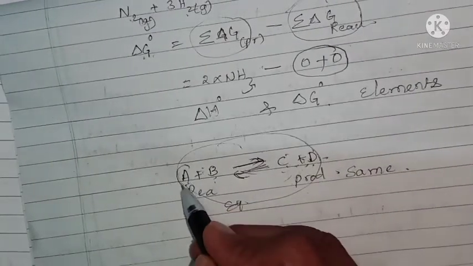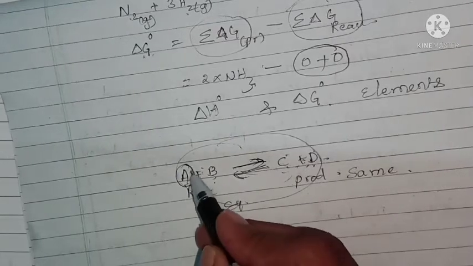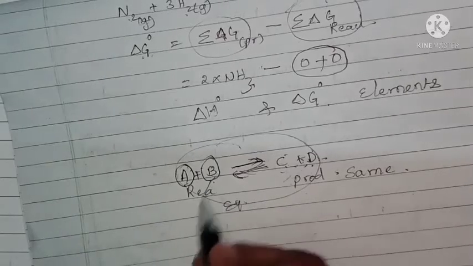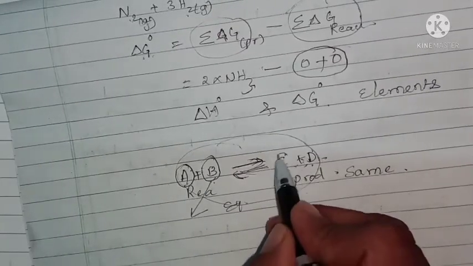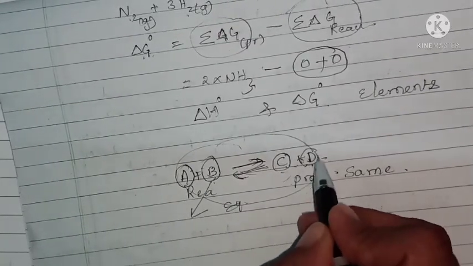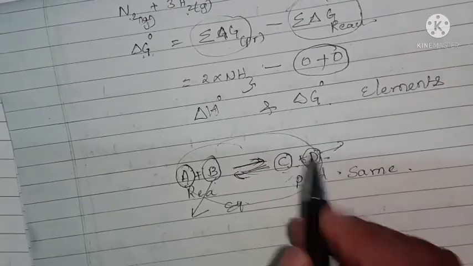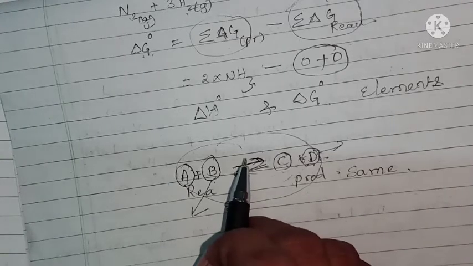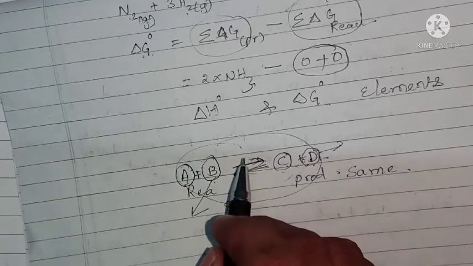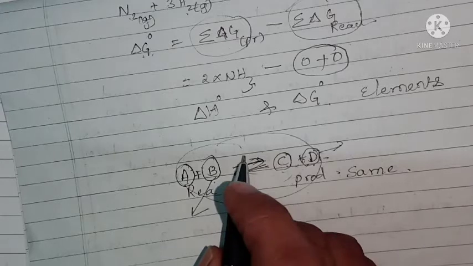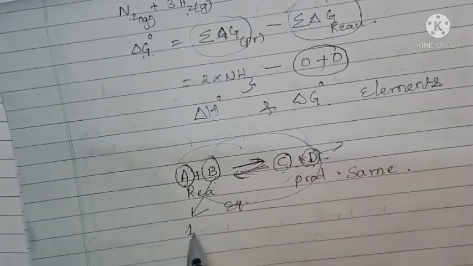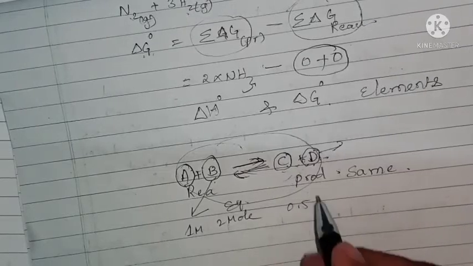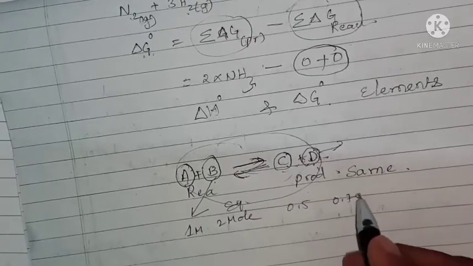It means the concentration of A and concentration of B are constant, or the concentration of C and concentration of D at equilibrium are constant. Whenever the reaction reaches equilibrium, their concentrations become constant, not equal. It may be 1 mole, it may be 2 mole, it may be 0.5 mole, it may be 0.75 mole.